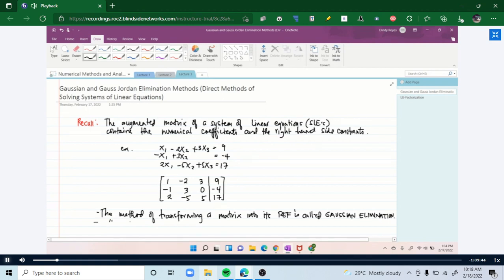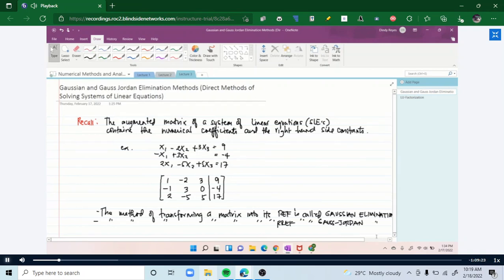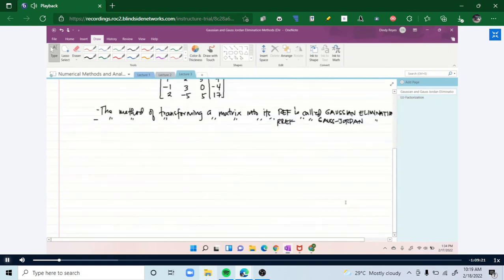Okay, Gaussian elimination. Now, the method of transforming a matrix into its RREF is called Gauss-Jordan elimination. Okay? Now, how would you know if a matrix is in REF and in RREF also?